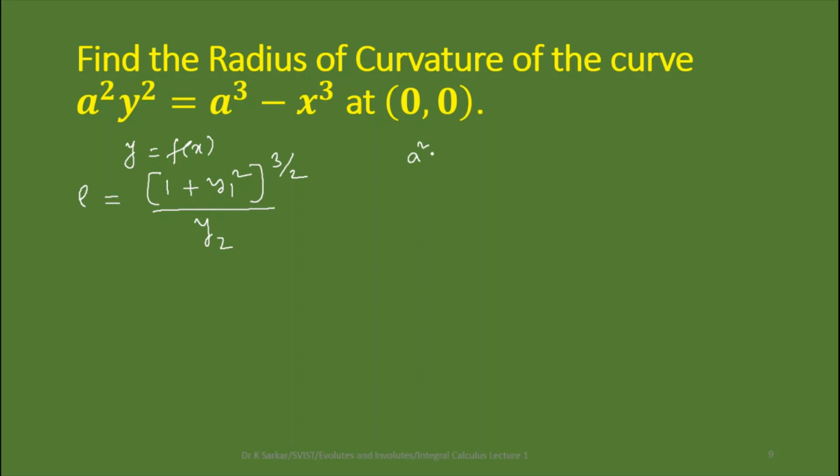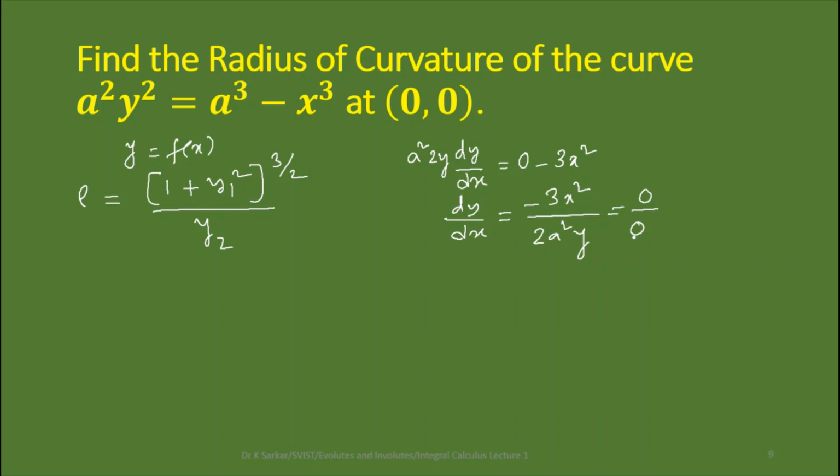Then a square 2y dy/dx is 0 minus 3x square. So dy/dx is minus 3x square divided by 2a square y. If we put x equals 0 and y equals 0 here, then we will have 0 by 0 form, which is the indeterminate form. Therefore, we cannot find the radius of curvature for this curve at the point (0, 0).